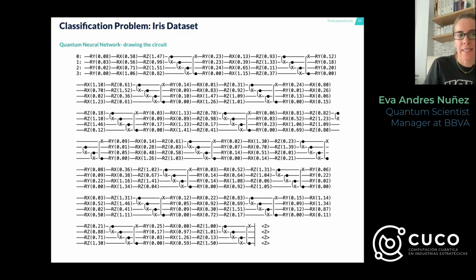The weights are in the encoding layers in this rotation gate RY, and also in RX and RZ.